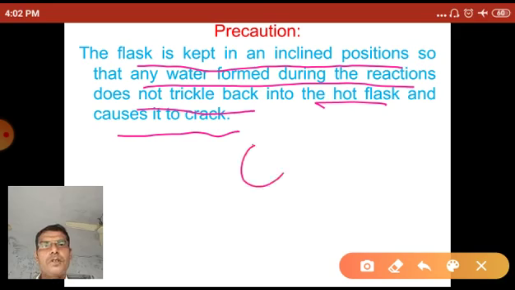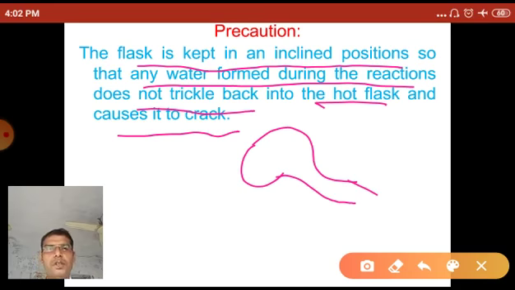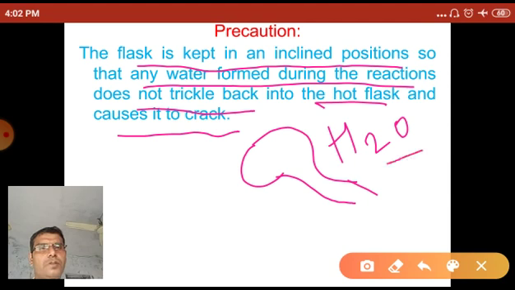So the flask should be kept in an inclined position. Thus, during the reaction between ammonium chloride and calcium hydroxide, ammonia is formed, and along with the ammonia, water is also formed, H2O.